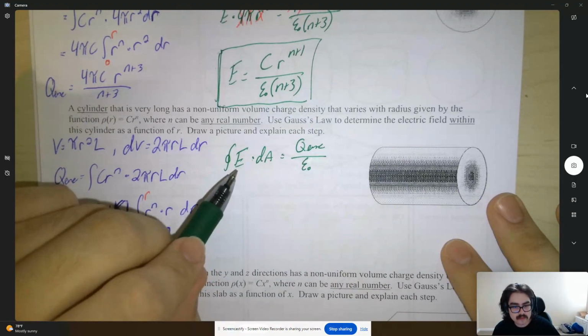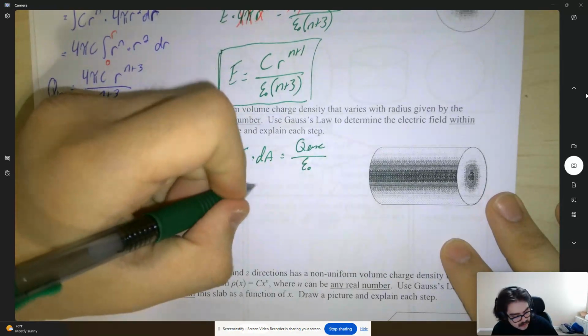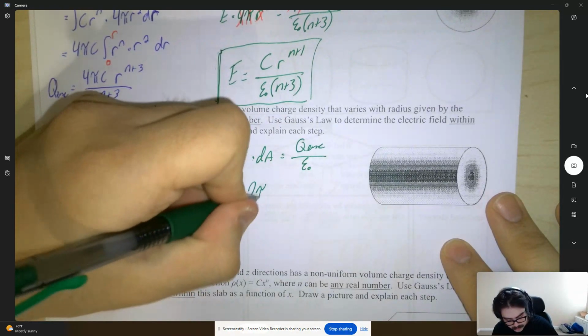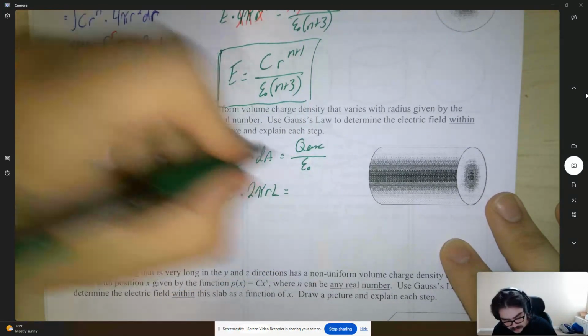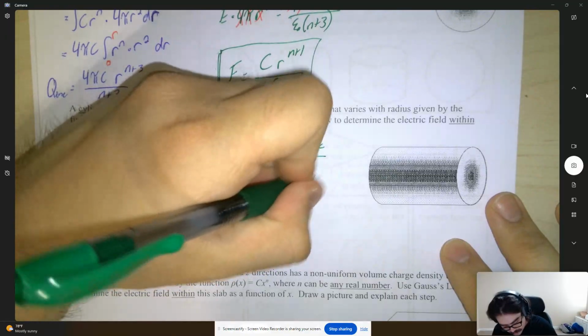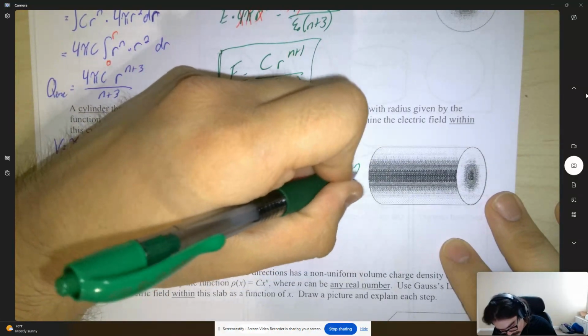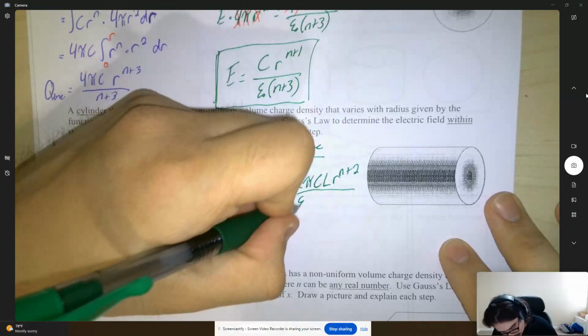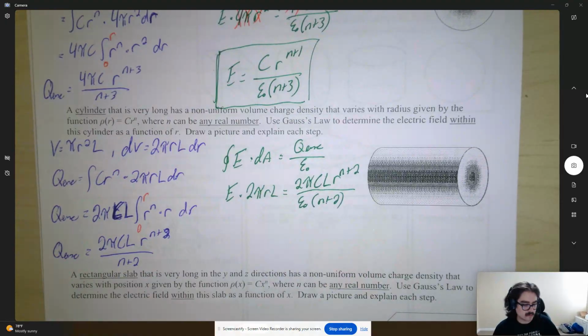Then this is going to become the E, and for a cylinder, it's always going to be 2 pi RL equals Q enclosed, which I already got was 2 pi CL R to the n plus 2 over epsilon naught times n plus 2. And my hand hurts because I'm writing so much stuff.